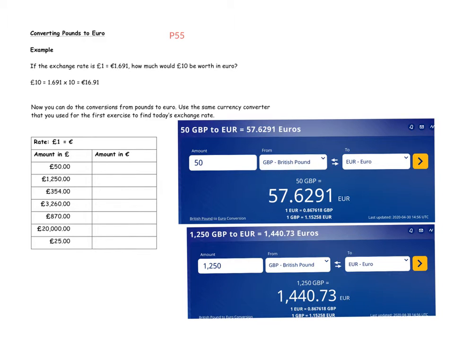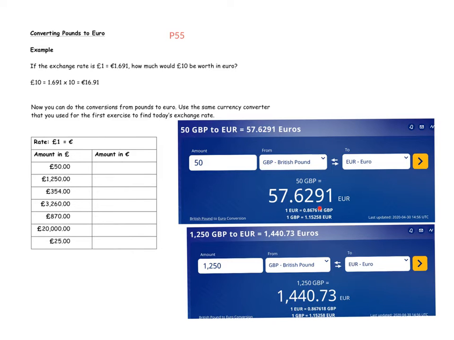So if you look at the table, on the top you have the rate. 1 pound is worth how many euro. So if you look at the screenshot in here, below this amount you have 1 euro is such and such pounds, or 1 pound is such and such euro.